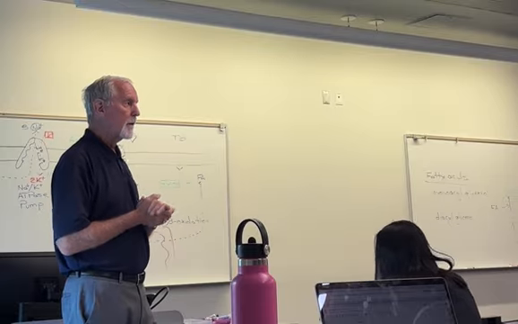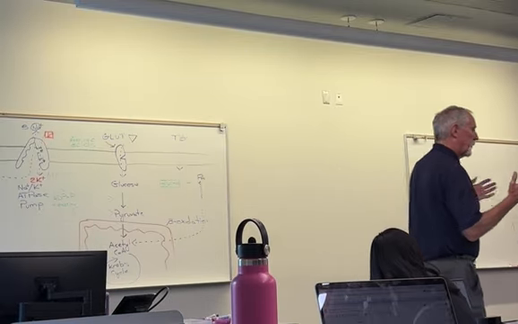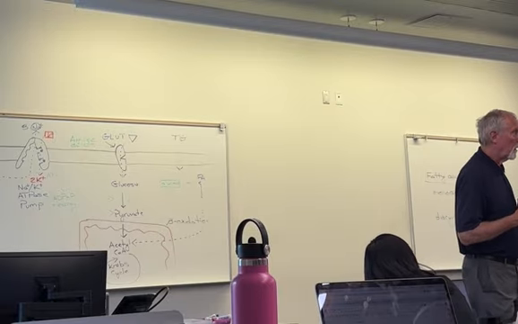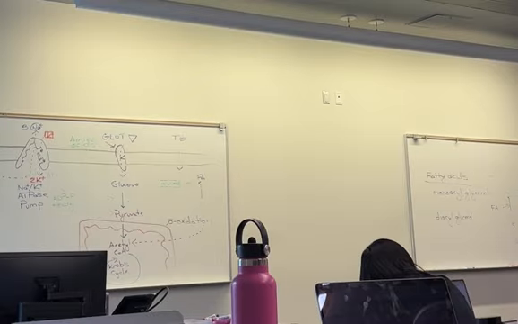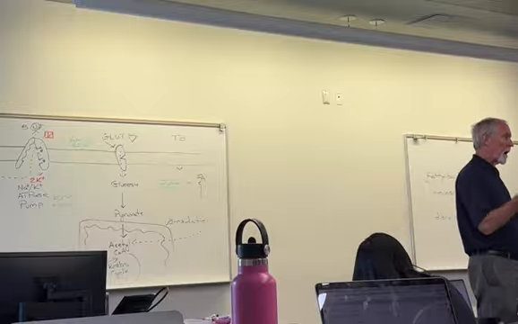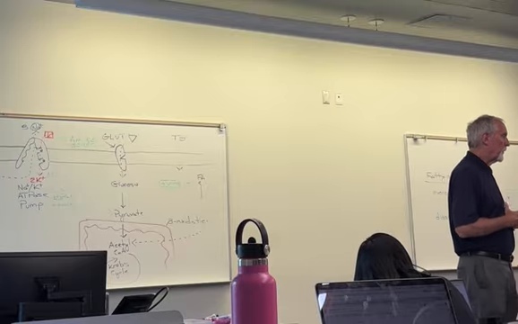Now, where am I headed with this? If you're food restricted or undergo caloric restriction, first of all, the body has very little glucose stored in it. Over the course of a day, we're going to exhaust a lot of the glucose that's stored in the body. Some of it's stored in the liver.